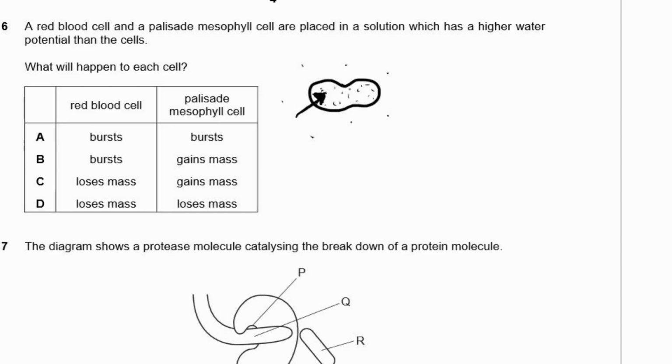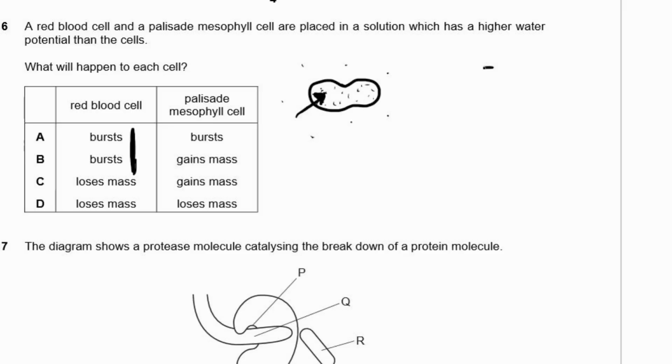Okay, so it will go in. The cell will get bigger and bigger and bigger, and if the water potential is high enough, it will burst. There's nothing holding the cell together. Okay, it certainly isn't going to go out because it has a higher water potential. It has more water outside already, so why would the water leave? Okay, it has to go down the concentration gradient, or water potential gradient, sorry.